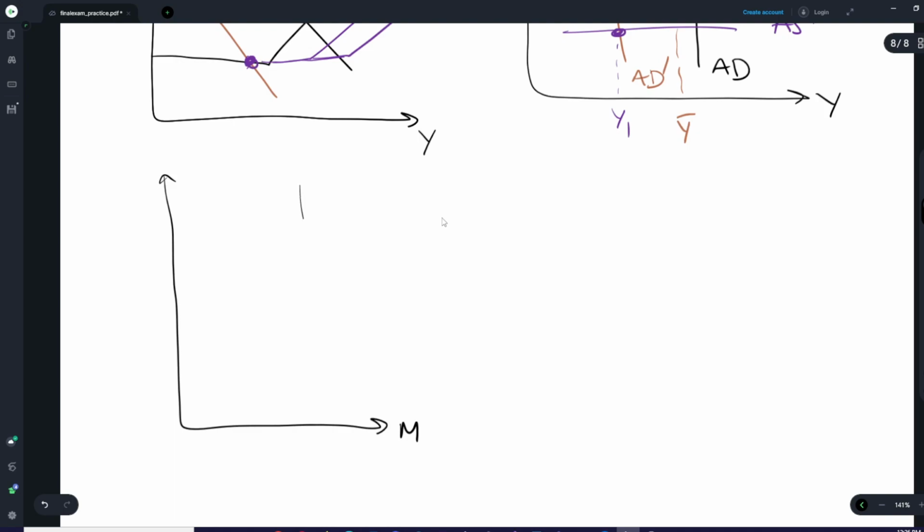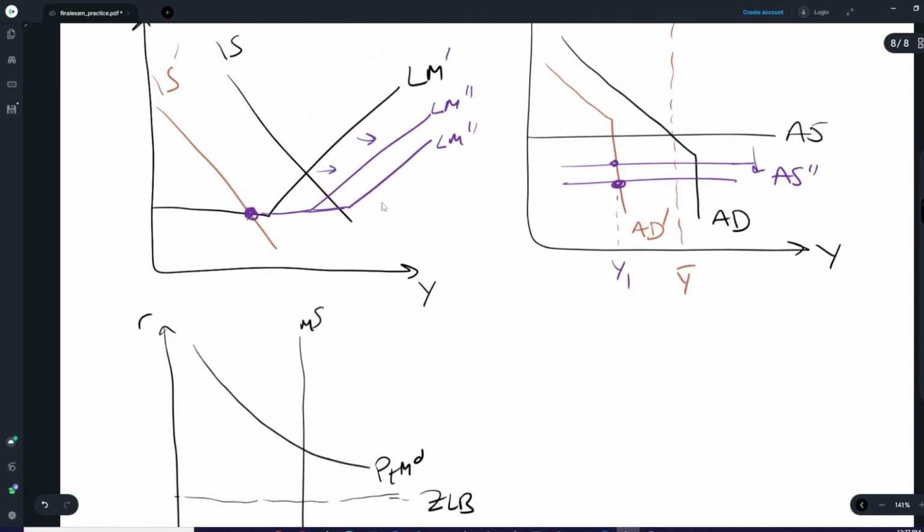If you want to be totally precise about this and look at the money market, we have a certain amount of money supplied. We have a zero lower bound. We originally have a money demand function. And when the big shock happens, money demand gets crushed because money demand is a function of output. So money demand falls, right?